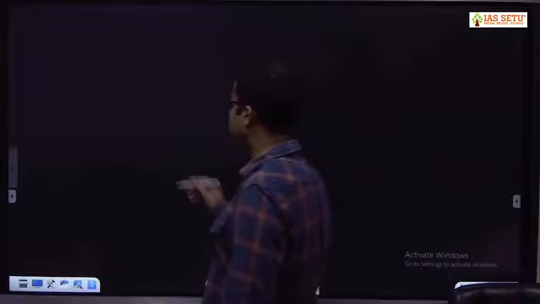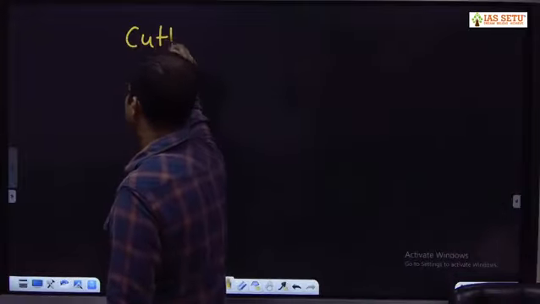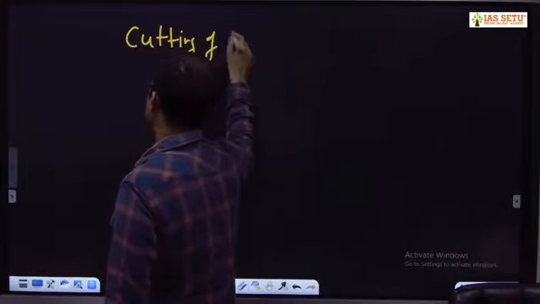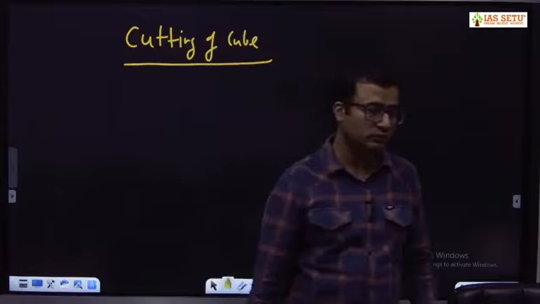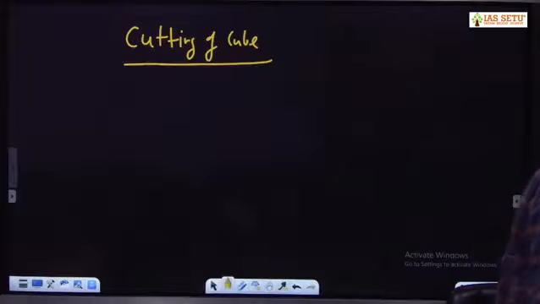Now next topic is cutting of cube. I don't know why this topic got weighted suddenly. Okay. I was not expecting 2024 they ask question.